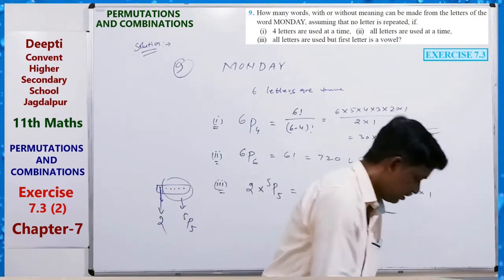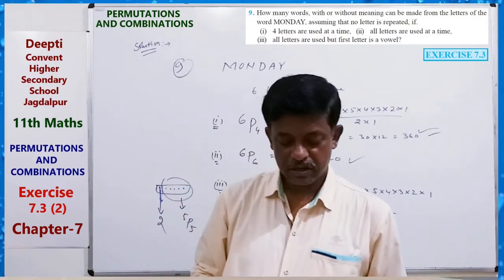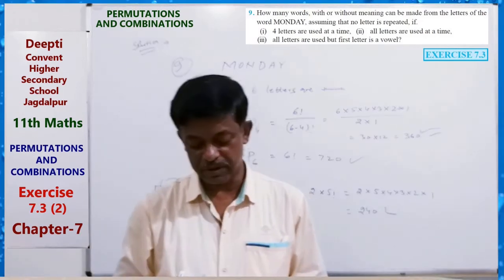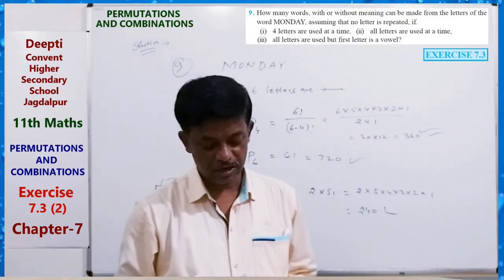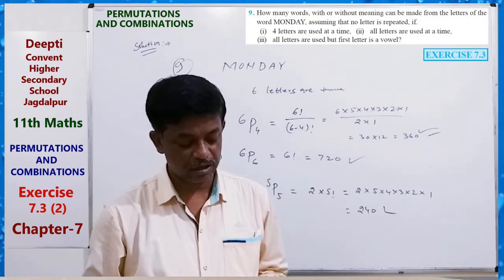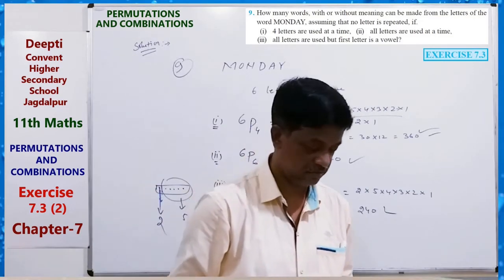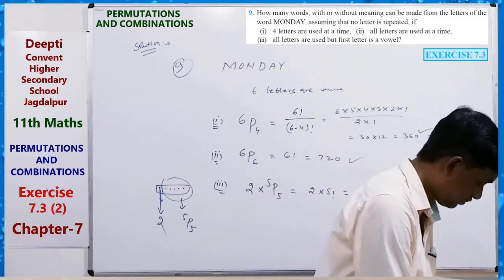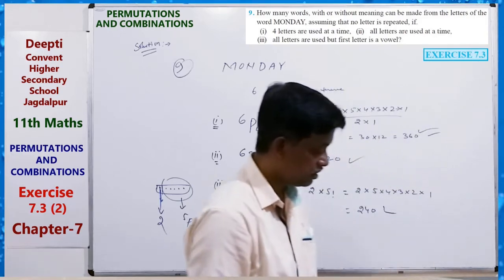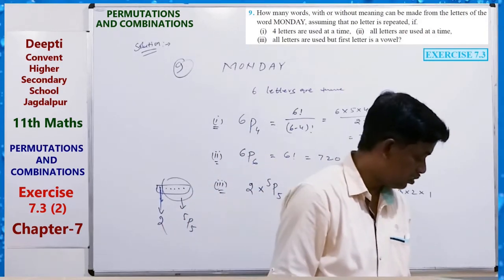Question 10. In how many of the distinct permutations of the letters of MISSISSIPPI do the 4 I's not come together? Clear? 4 I's not come together.